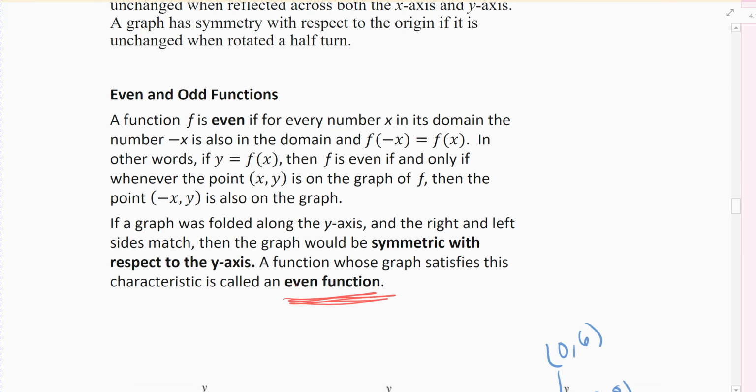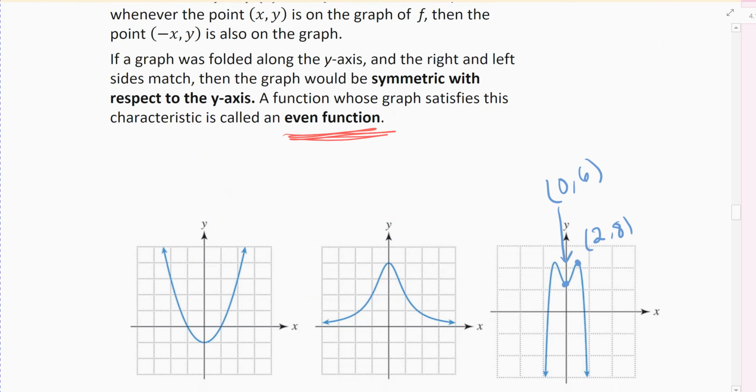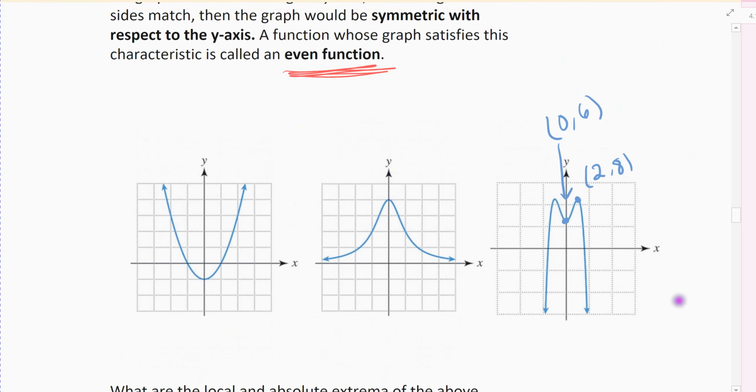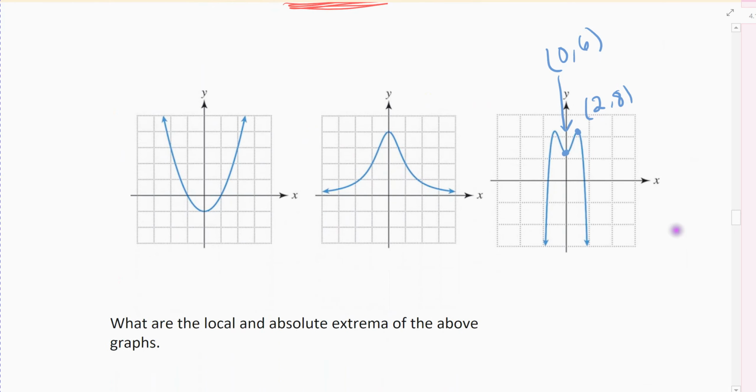So the pictures down here are examples. All three of these functions have even symmetry. They follow that idea.